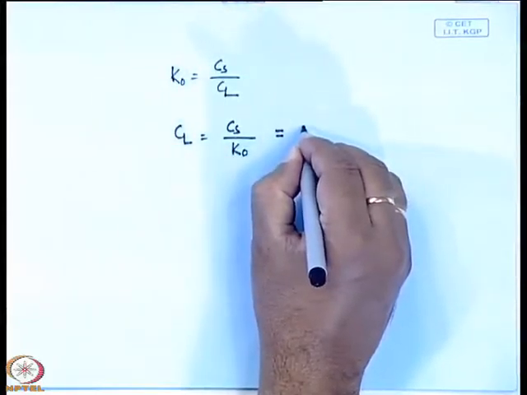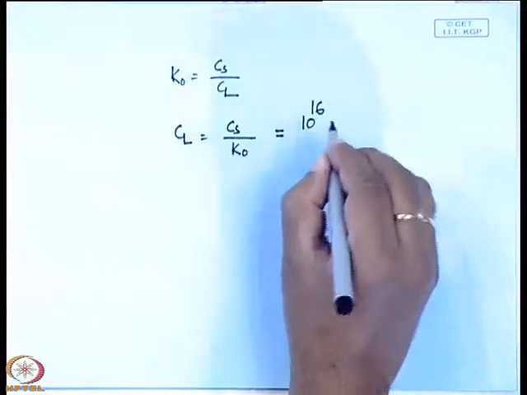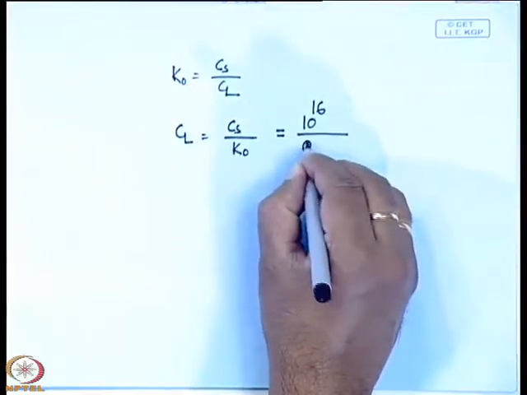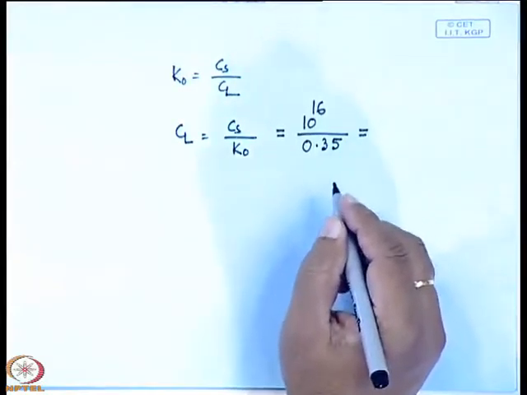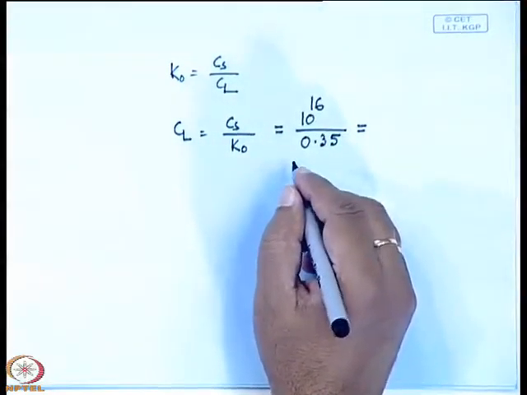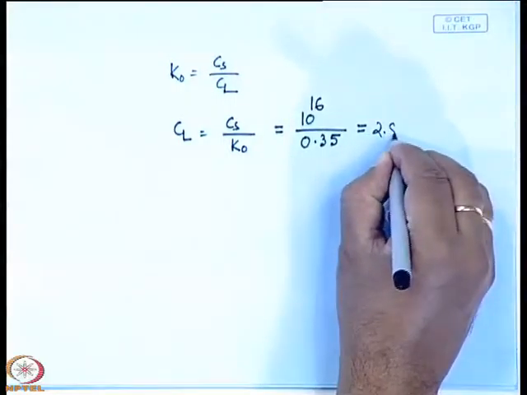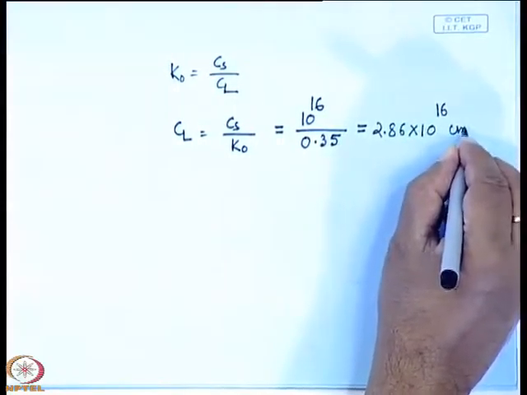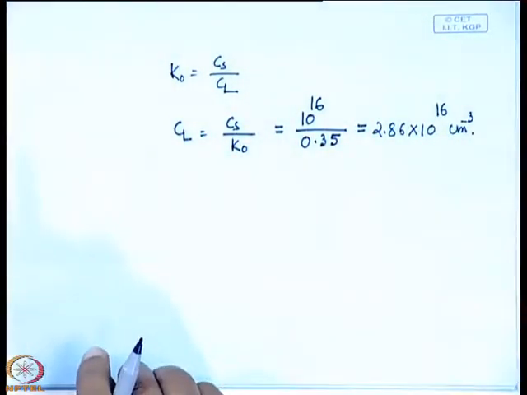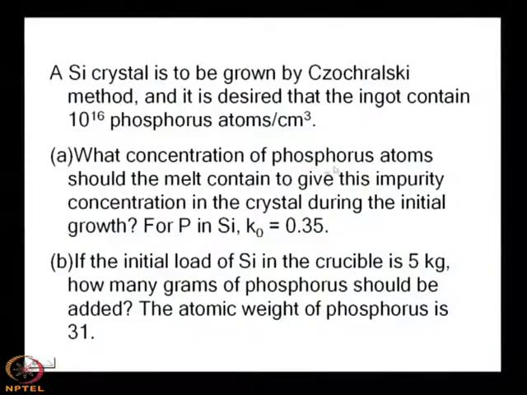CS is given as 10 to the power 16, by K0 which is 0.35. So, how much? It comes out to be 2.86 into 10 to the power 16 centimeter cube inverse. Yes, CS is given. The question is what concentration of phosphorus atoms should the melt contain? Melt.